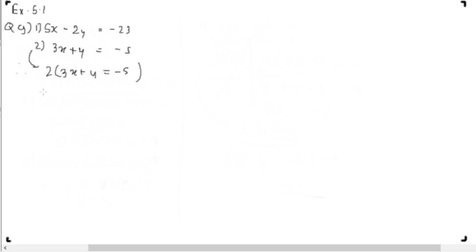Now this isn't the proper way to denote it, but it's a simpler way. So multiply, multiply, multiply, and we get 6x plus 2y equals minus 10. Now let's bring this and treat this as equation 2. So from here, we get 5x minus 2y equals minus 23.